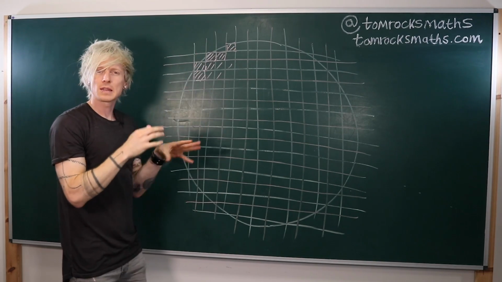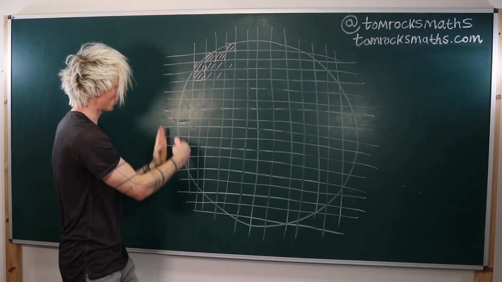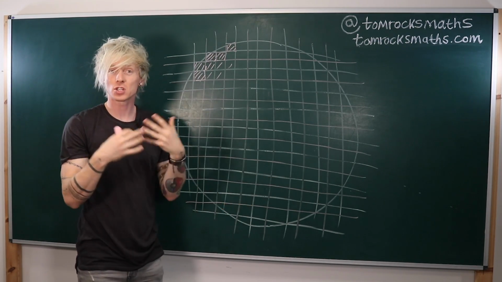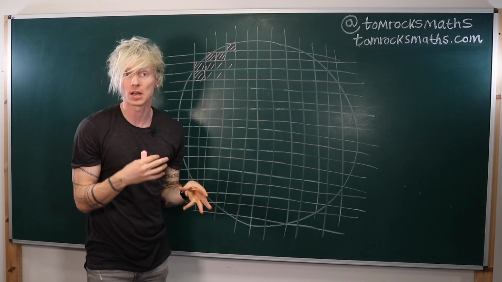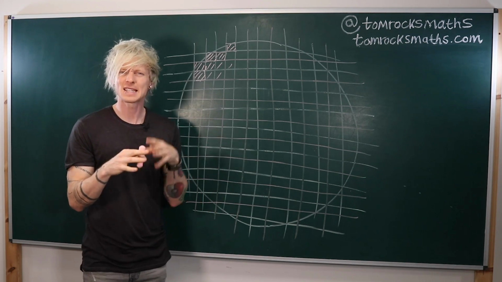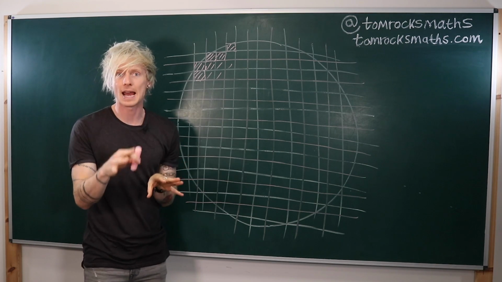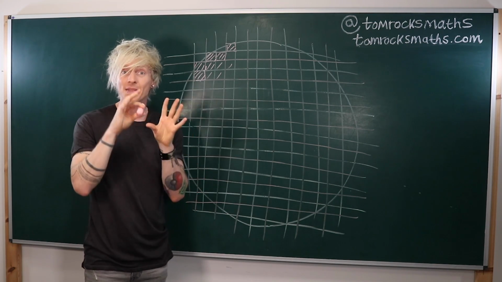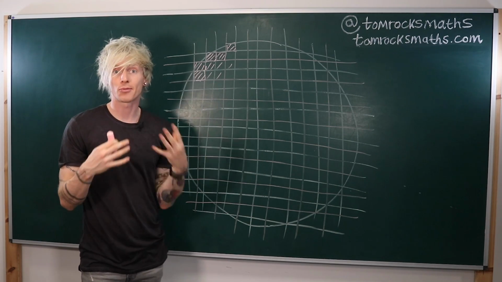And as we make these pieces smaller, we get closer and closer to the curvature of the circle, and therefore closer and closer to the actual area of our shape. In the limit, as the area of these pieces goes to 0, we will get the exact answer. And the integral sign is what represents this limiting process.